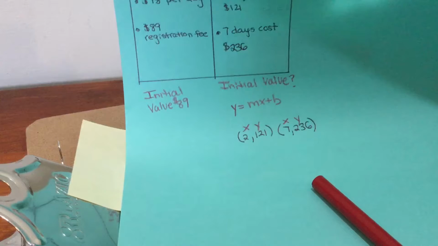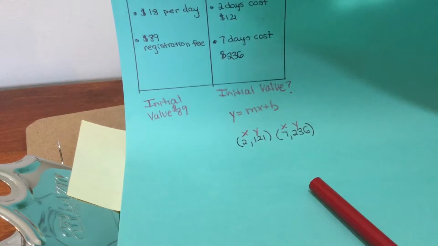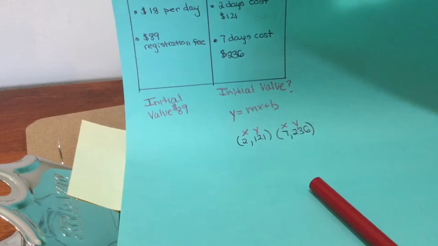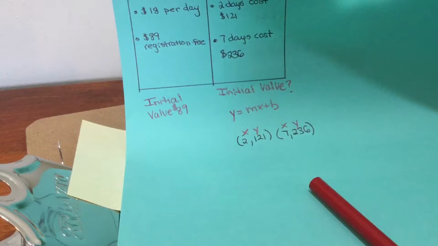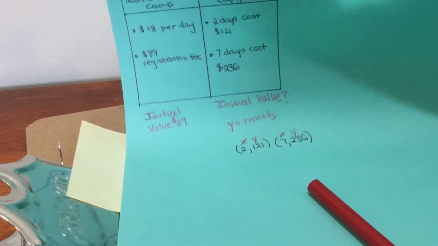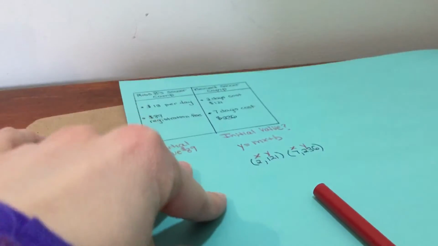Anyways, so what I want you to do is then I want you to find slope using the slope formula. y2 minus y1 over x2 minus x1. So let's go ahead and set that up.